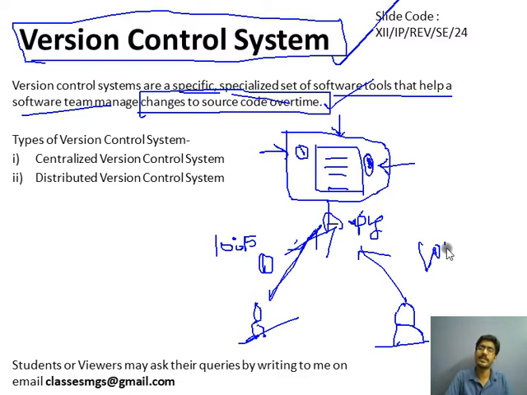Then the version control system will maintain this history of the changes done by these developers, and it can be seen at any time.